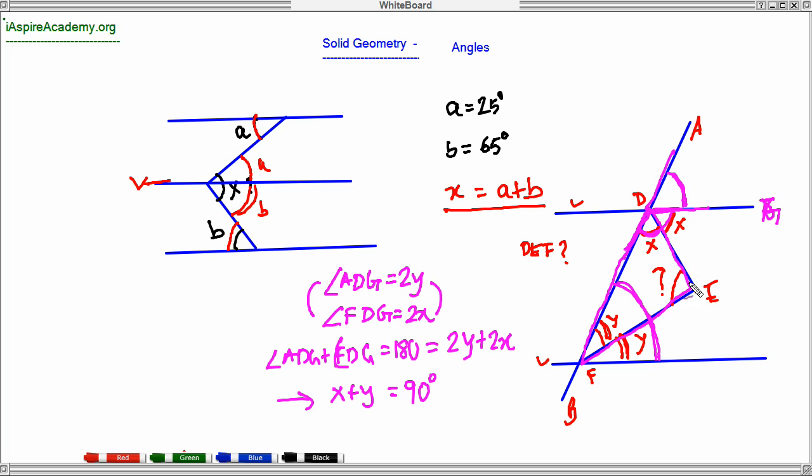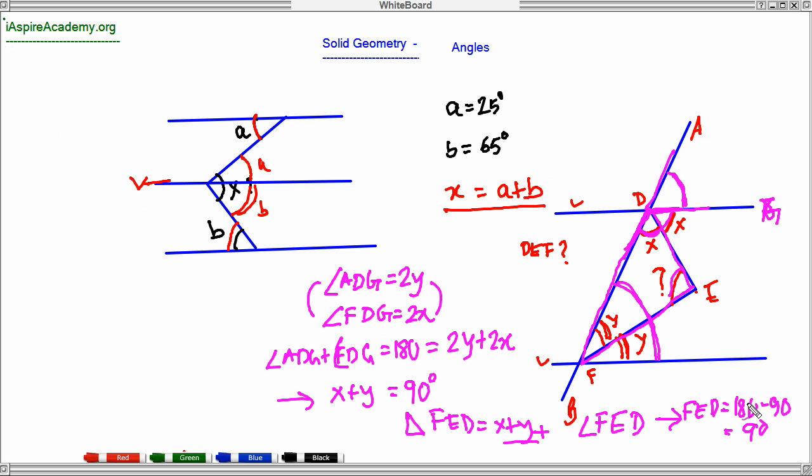Now if you see this triangle FED, the sum of the angles is X plus Y plus this angle, which you are supposed to find out, angle FED. If X plus Y is 90 degrees, and we know that the sum of all angles in a triangle is 180 degrees, this leads to FED equal to 180 minus 90, which is 90 degrees.